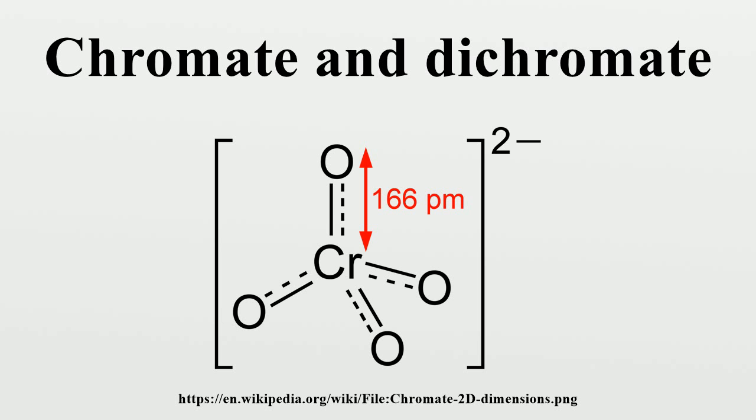In alkaline solution, chromium hydroxide is produced. The redox potential shows that chromates are weaker oxidizing agents in alkaline solution than in acid solution: CrO4 2- plus 4H2O plus 3e- gives Cr(OH)3 plus 5OH-.